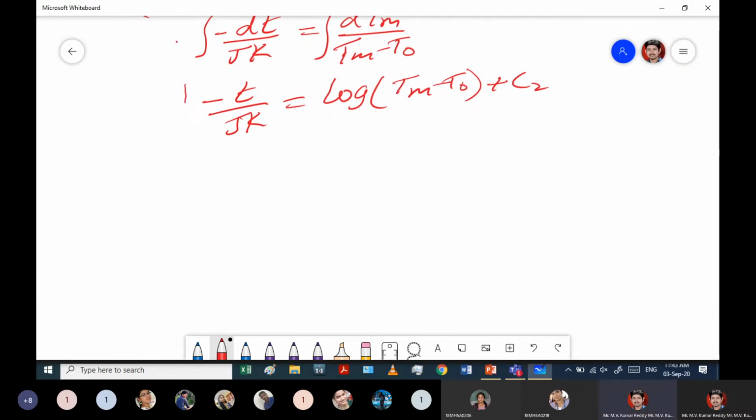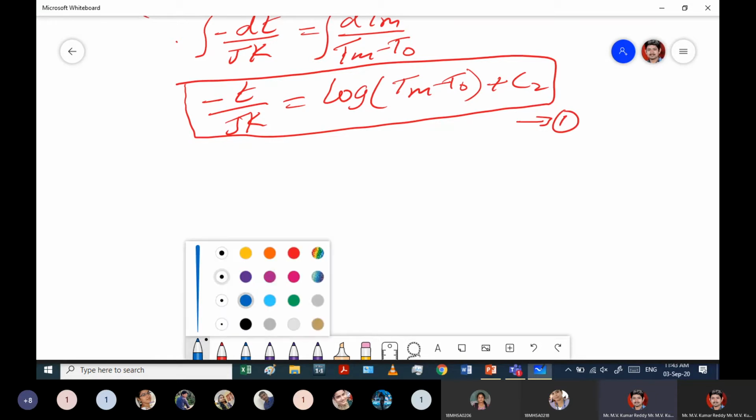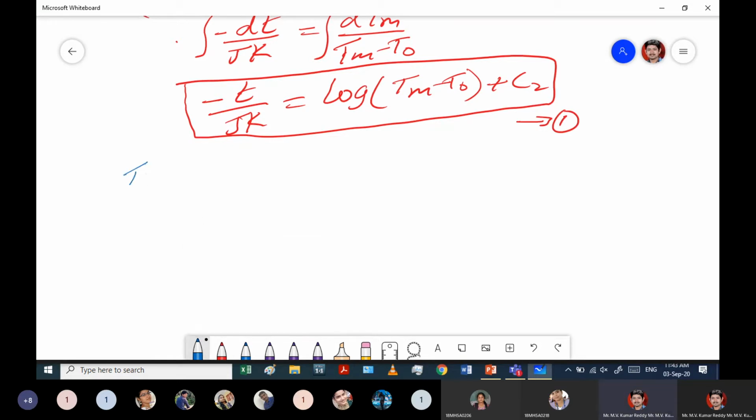This is the main equation, equation 1. Now we have to find the value of C2.